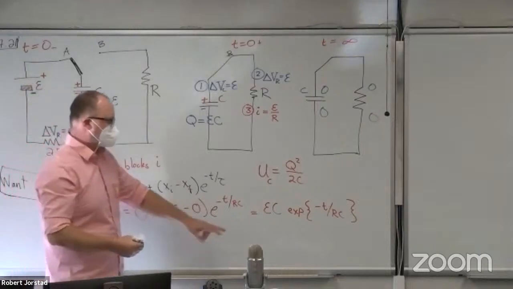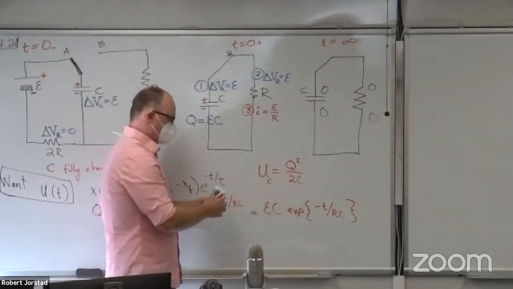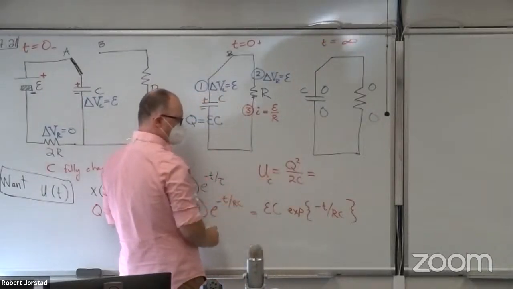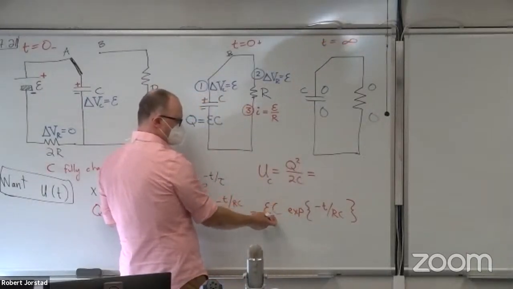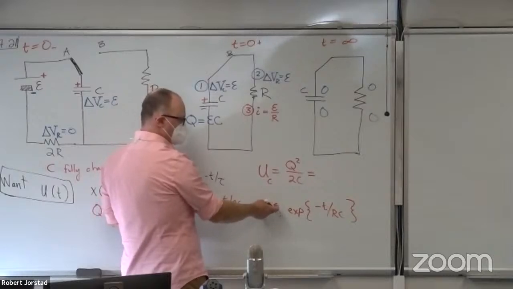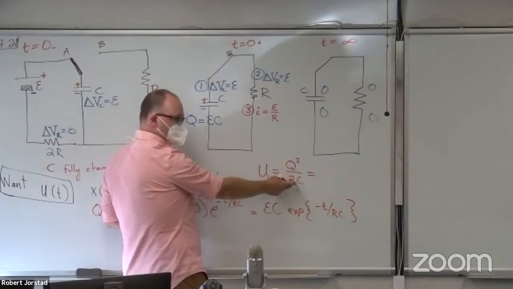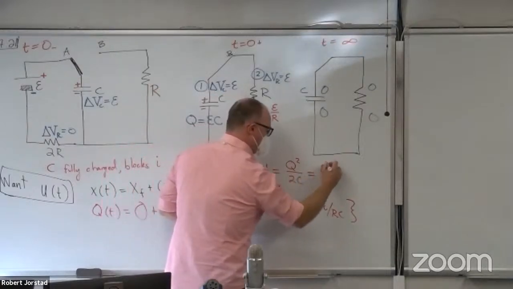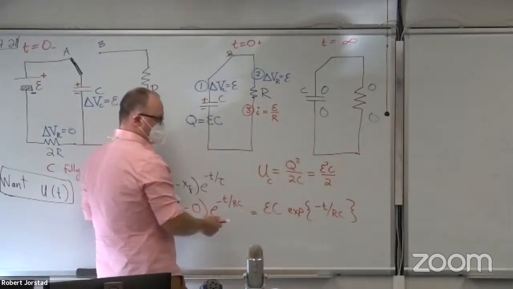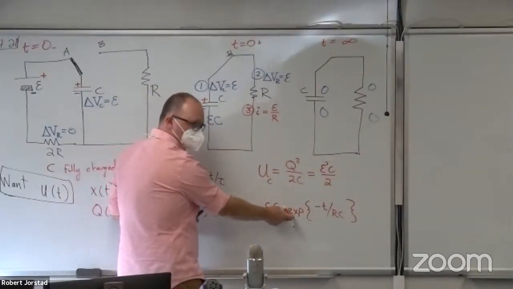All right. So at this point, I could plug it into here, and what would I get? Let's finish strong. I'm going to get a 1/2. When I square this, what happens here? I get E squared, C squared, and then I divide out one of the C's. So that's going to be E squared C over 2. What happens when you square this?